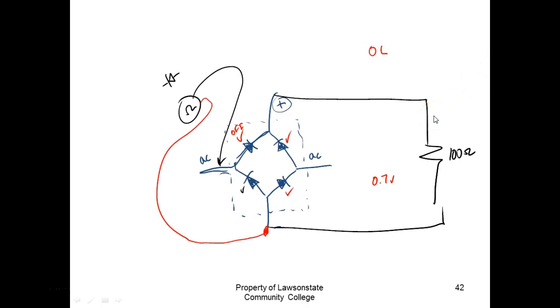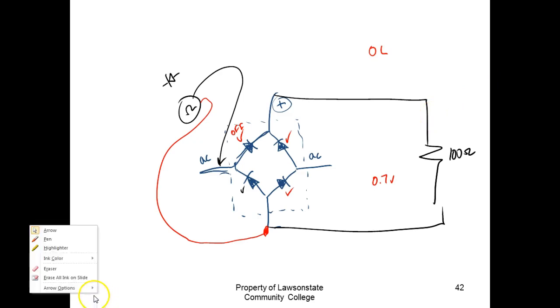Okay. So if we come up here and look at this thing, undoubtedly I did something right. I don't have any idea what I did. So what we've got is a center tap transformer. And of course the center is the common, right?